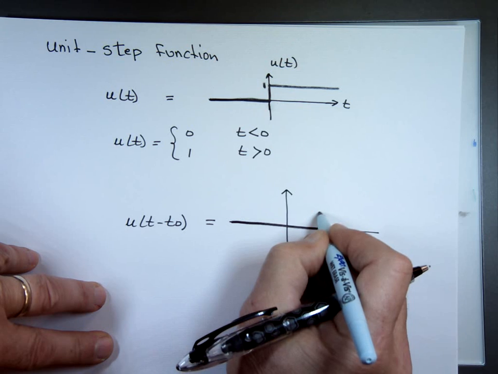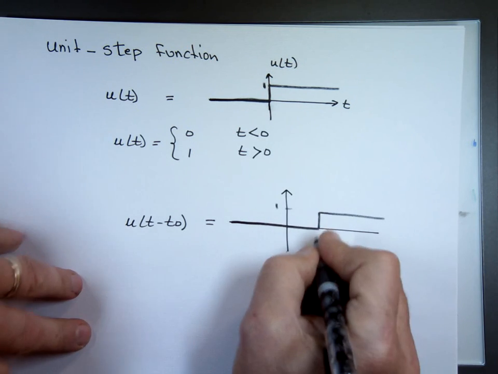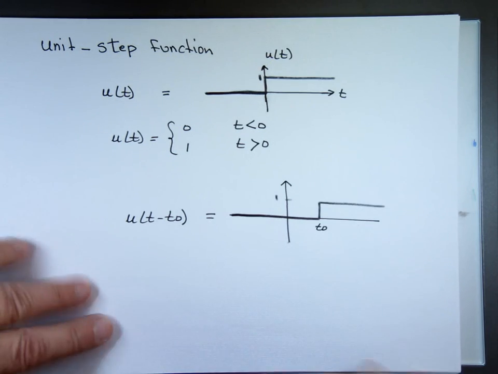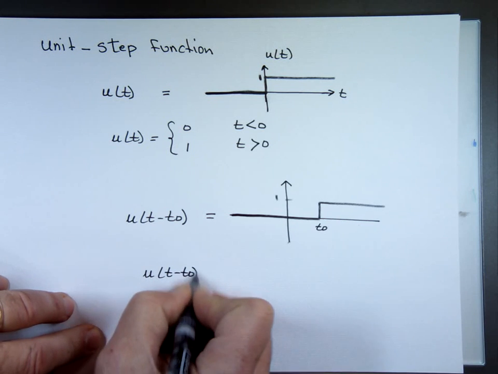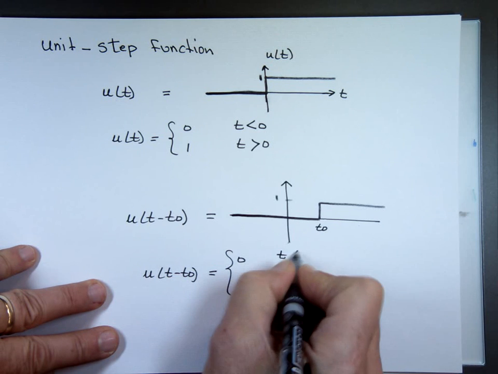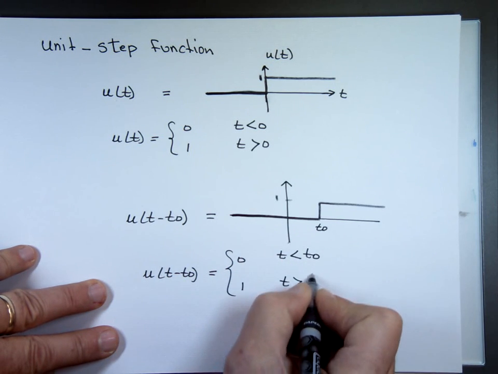Then it jumps to 1 when you hit t0. So this one, again, it has a value of 0 for t less than t0, has a value of 1 for t greater than t0.